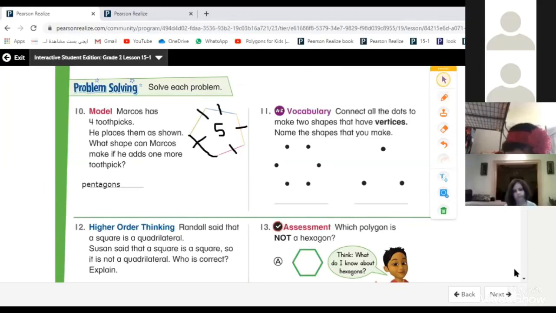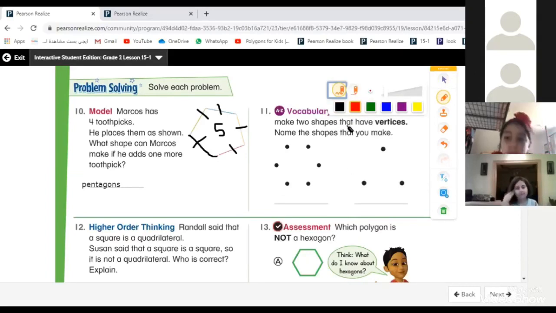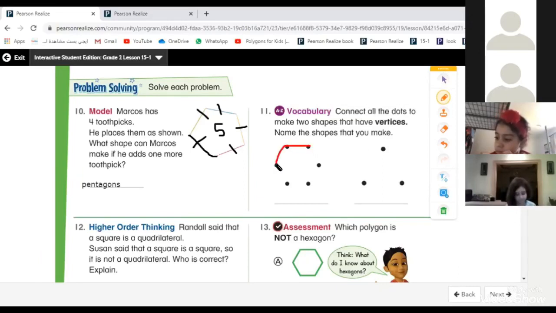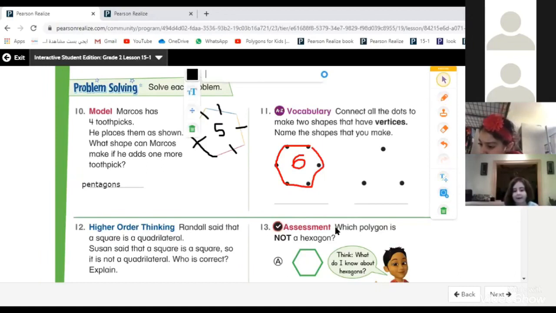Tala, match now. Match to make a shape that has vertices. Name the shape that you make. Yalla, let us match the dots. 1, 2, 3, 4, 5, 6. What do we call this shape, Tala? It has 6 sides and vertices.